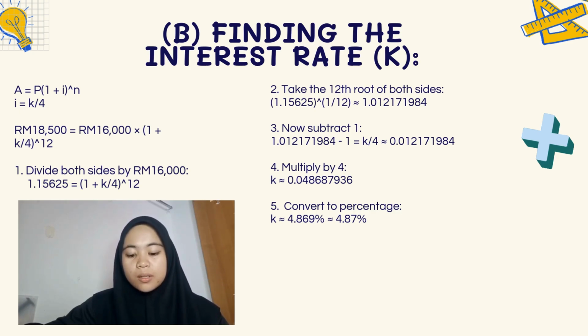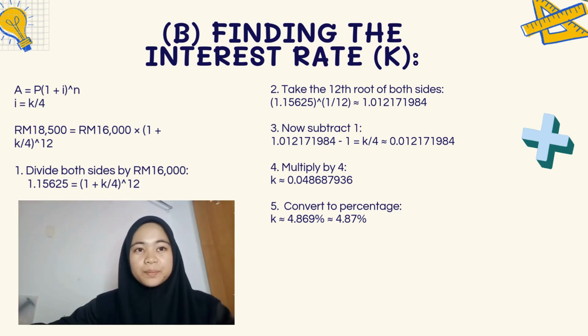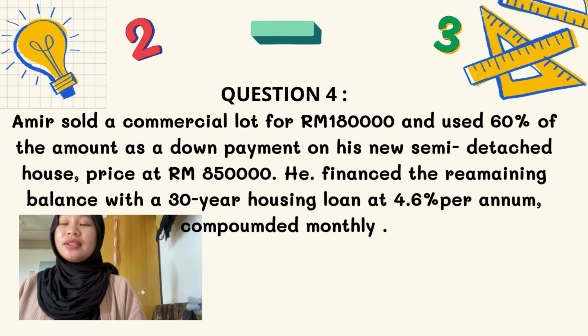The answer is 0.04869. To find the K, you need to calculate 0.04869 multiplied by 100. The answer is 4.87%.